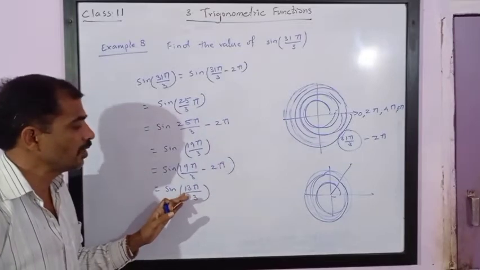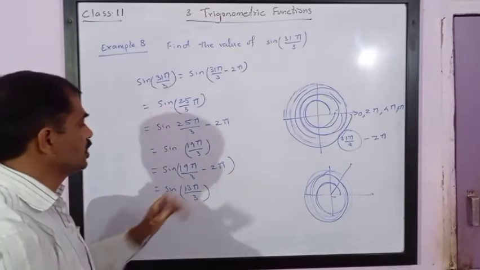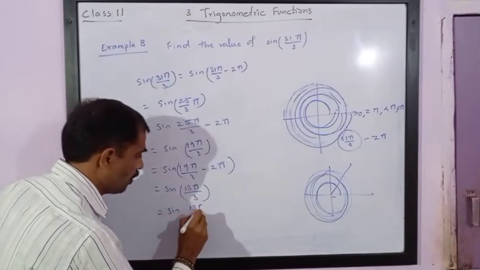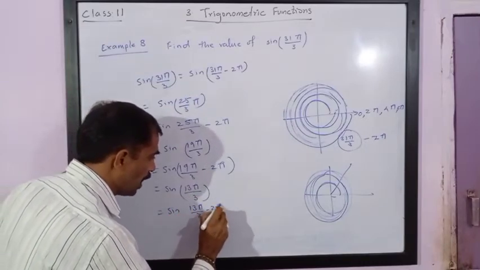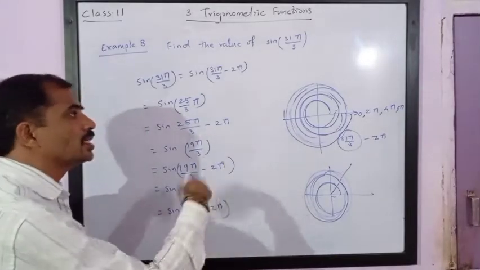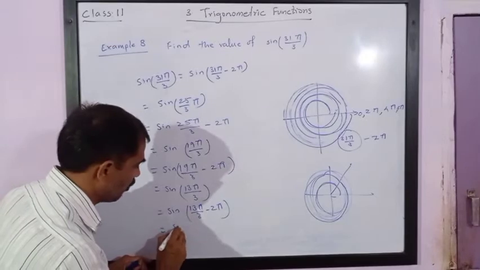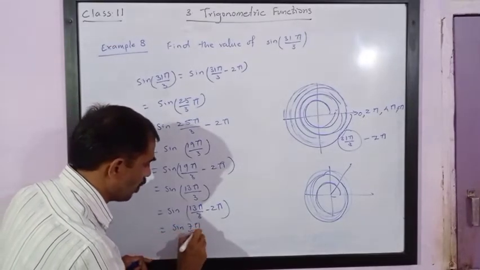This is again greater than 2π, so again we subtract 2π: sine of 13π/3 minus 2π. Again subtracting one complete circle, we get 6, that is sine of 7π/3.